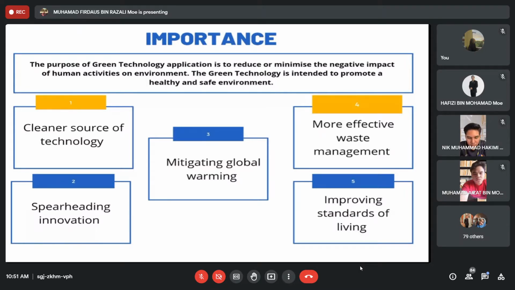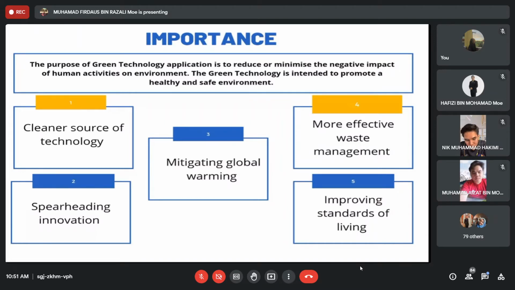The first one is cleaner source of energy. It means green technology can produce cleaner energy sources. Next is spearheading innovation, which means it can drive new innovation using green technology. The third one is mitigating global warming, which helps slow down global warming.